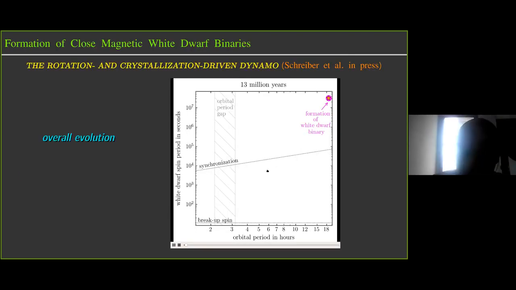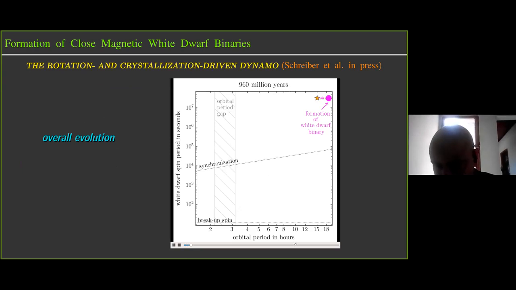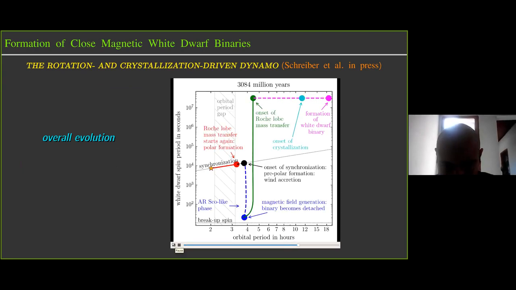Not actually, because let's go here. If you check this plot, at this point here, when the magnetic field is generated, we have already, let's say, 30 megagauss or 60 megagauss. So we have the synchronizing torque.